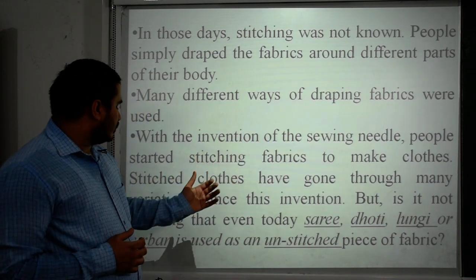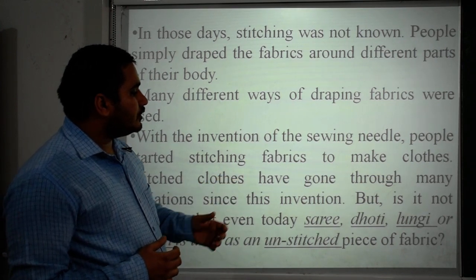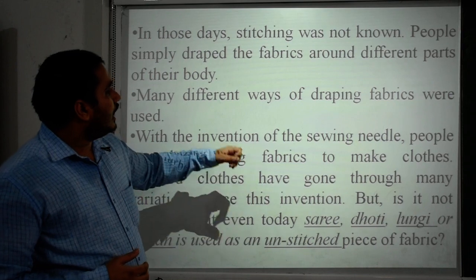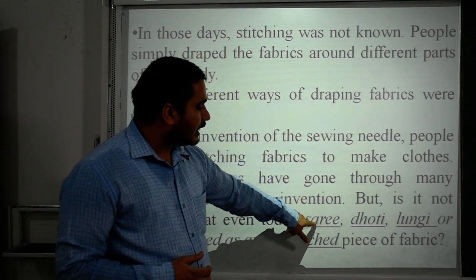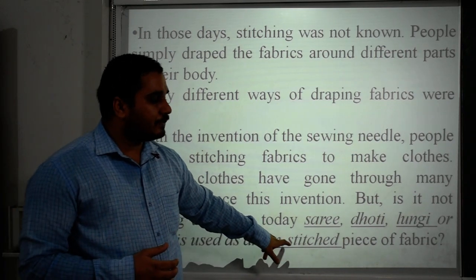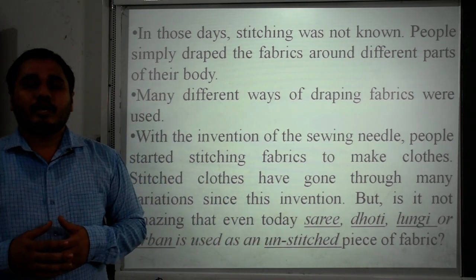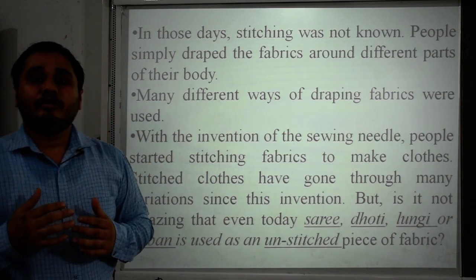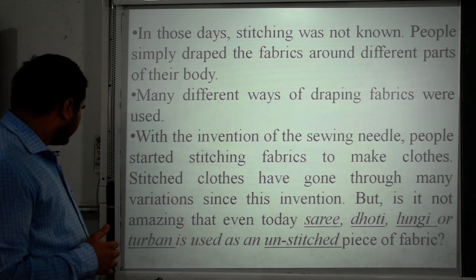Stitched clothes have gone through many variations since this invention, but it is amazing that even today, unstitched fabric like the sari, dhoti, lungi or turban is used. Since our grandfathers' times, these have been fabrics used unstitched.